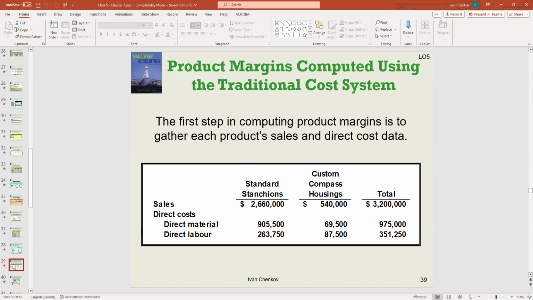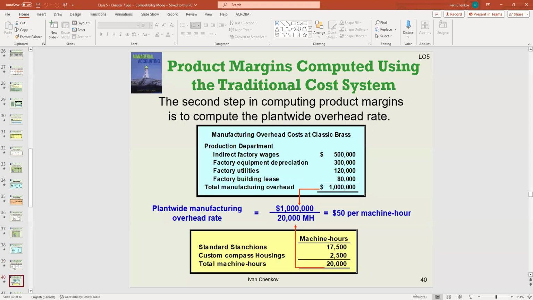Now we're going to try to allocate that company manufacturing overhead to those two divisions. How? Using the traditional method, which applies the manufacturing overhead based on a predetermined rate. How are we going to predetermine that rate? We have the total cost, $1 million. We're chasing only manufacturing cost here.